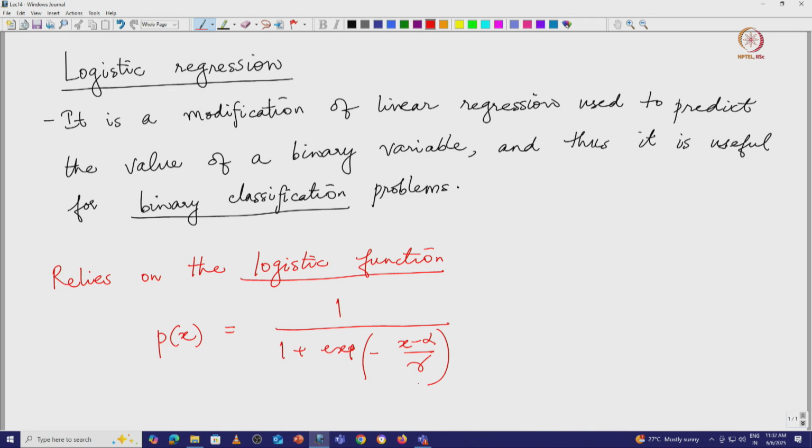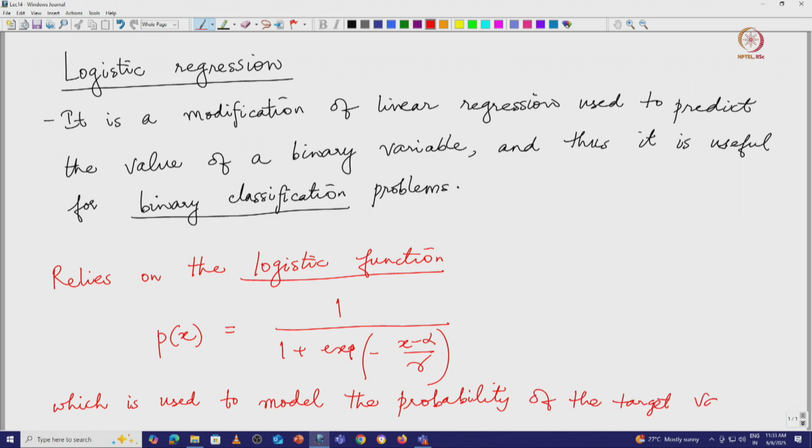So, this is how it looks, and this is used to model the probability of the target variable being 1 as opposed to 0.